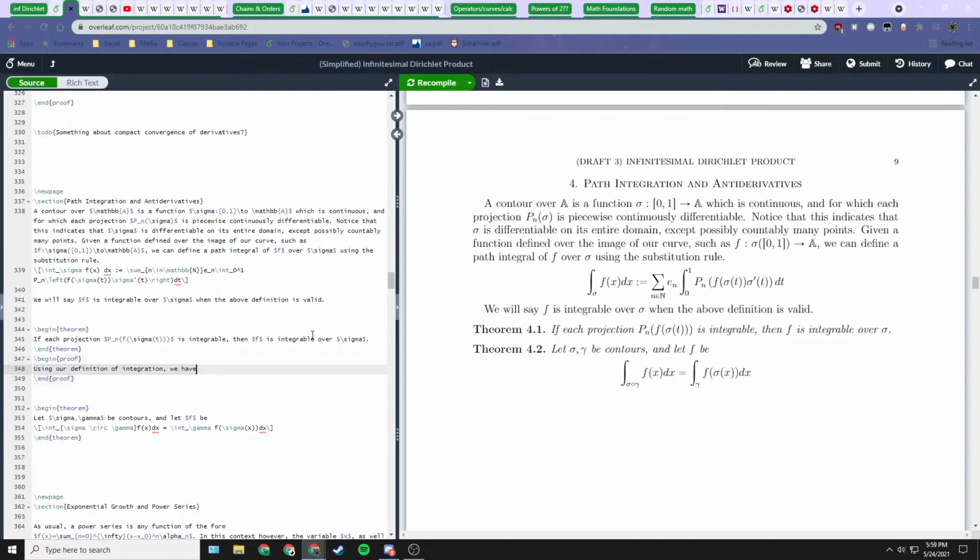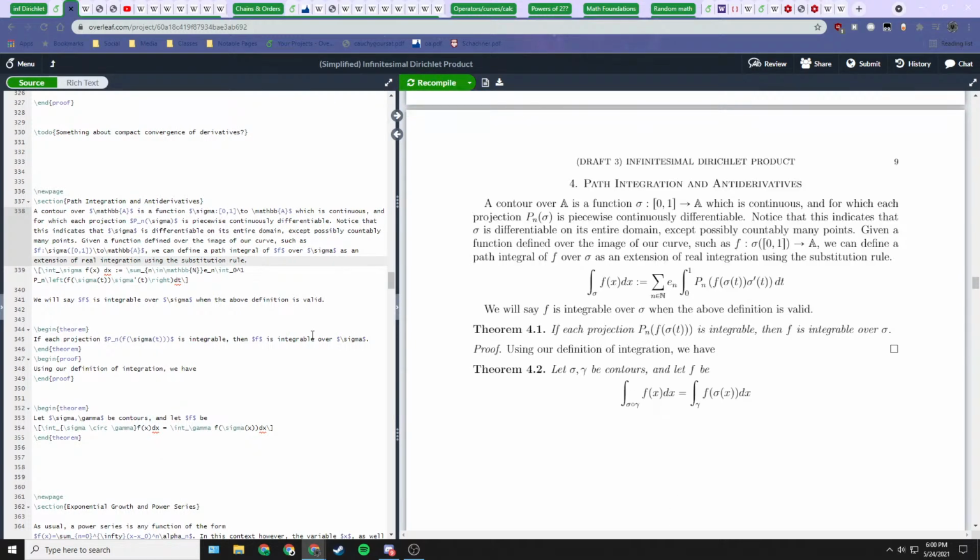So yeah, okay, we have, using our definition of integration, for each. Actually, yeah, we can just work this out.